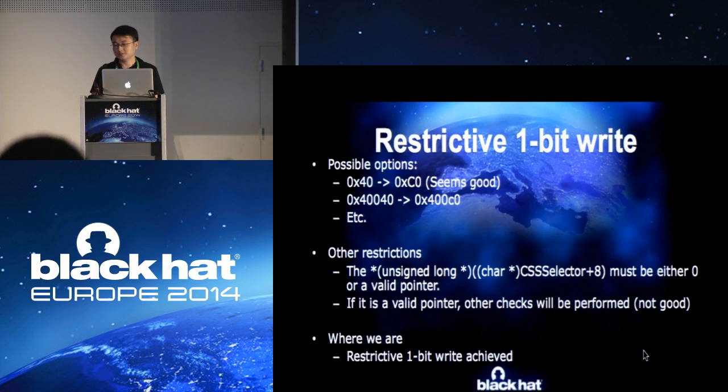For example, for that value, the offset 8 must be either 0 or a valid pointer. But since it is currently on 64-bit, heap spraying is very difficult. So you cannot put a valid pointer just after that bit value, which is difficult. So where we are is that we have achieved a very restrictive 1-bit write.